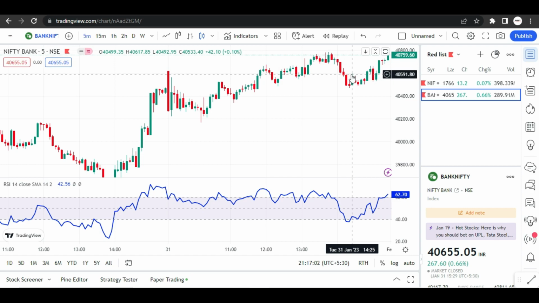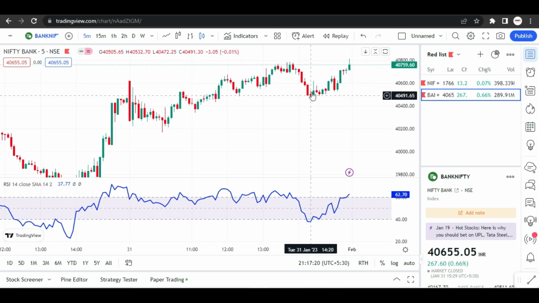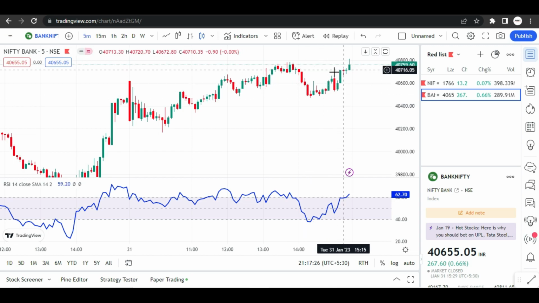As you can see, this red candle high is broken by the next bull candle, the green candle. Though this is not so strong, if you had taken a trade here, your stop would be one tick below this red candle low, and your profit would be much bigger than your risk.